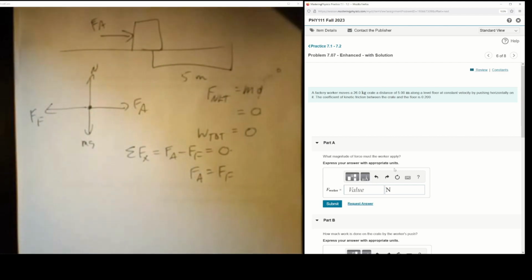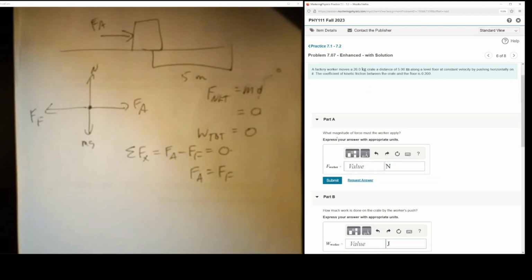But let's take a look at what the actual questions are. It says, what magnitude of force must the worker apply? Well, they must apply that which is equal to the force of friction.